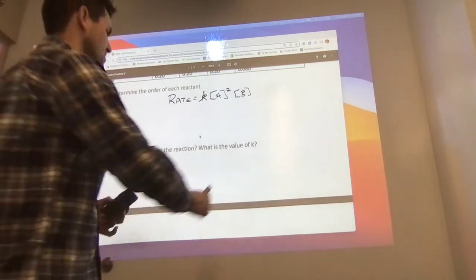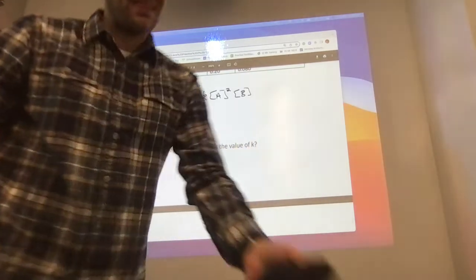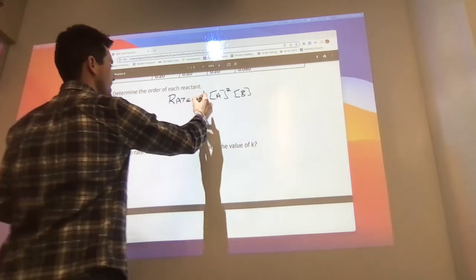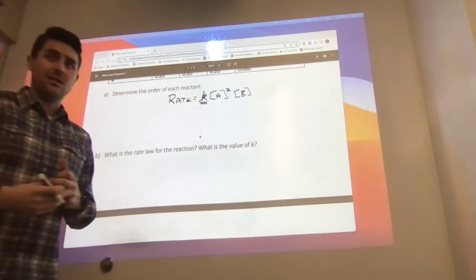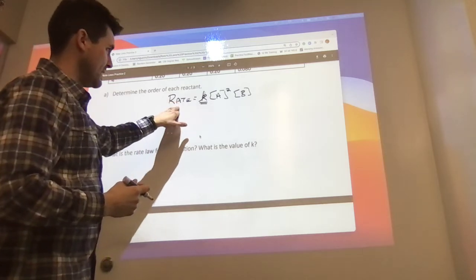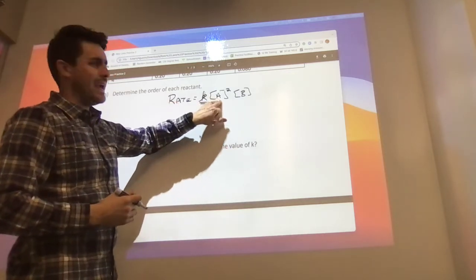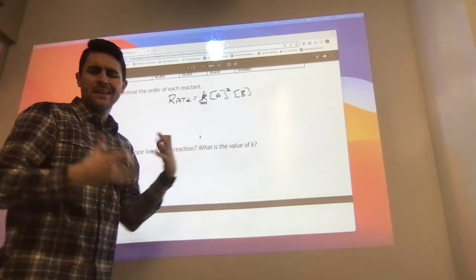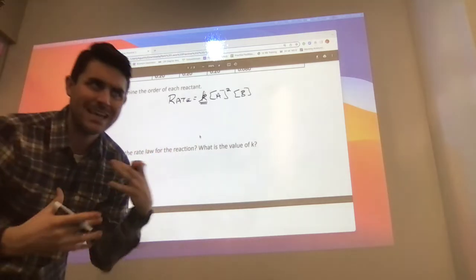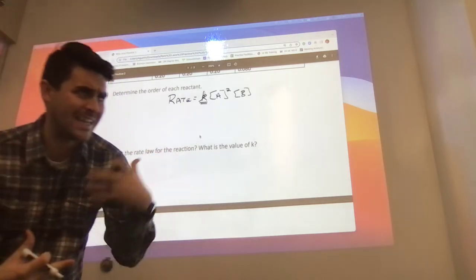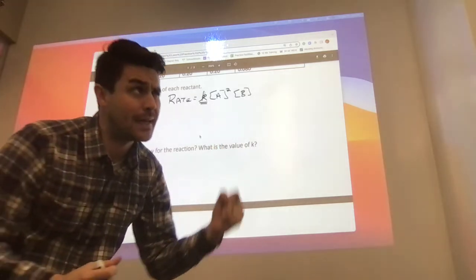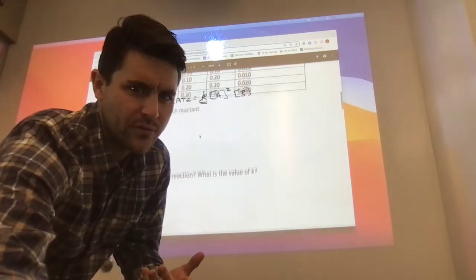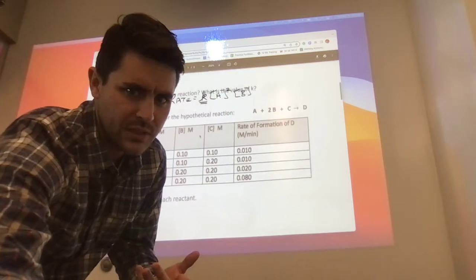It also asks me for the value of K. It's asking me to calculate K. That's a weird thing. If I'm going to calculate the value of K, I need to plug in some numbers for rate, for concentration of A, and for concentration of B. It's almost like if only I had a table of information that allowed me to pull out rate and concentration of A and concentration of B. Oh, wait, folks, that's what this literally is up here.